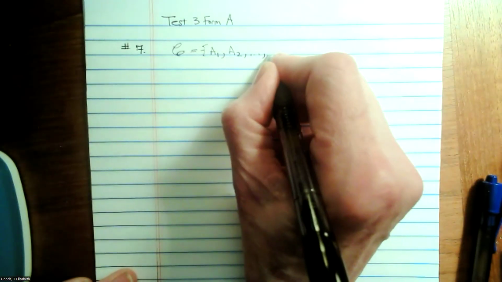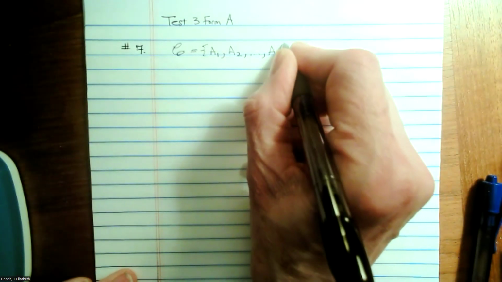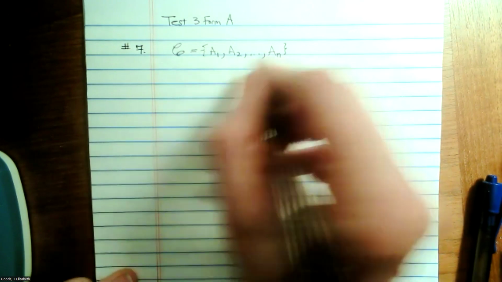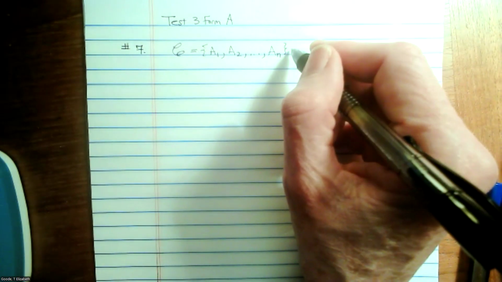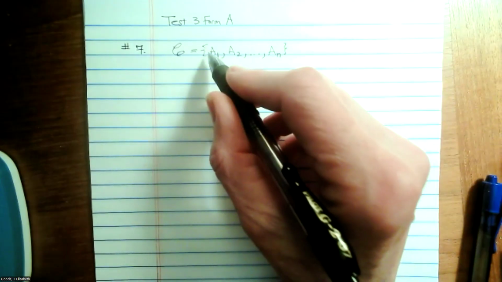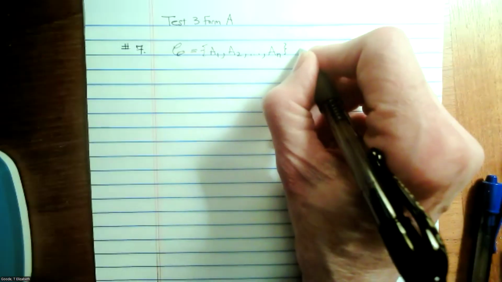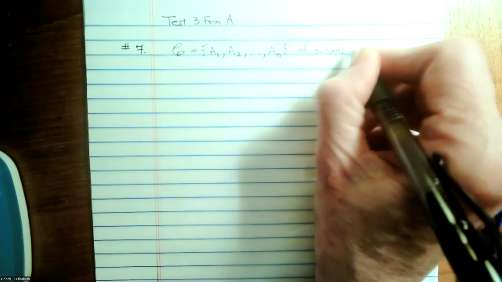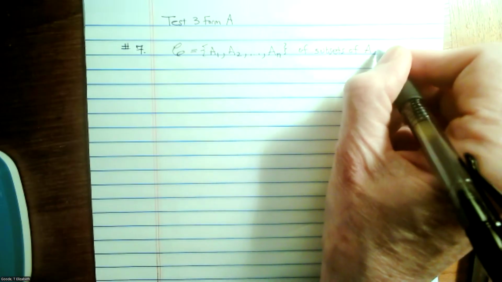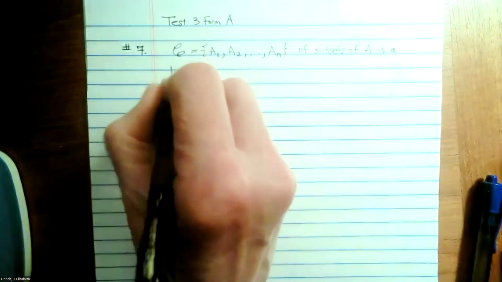So I just decided to start the indexing at 1, even though we applied it starting with 0. But anyway, a collection C equals the set containing A1, A2, up to A sub n of subsets of A is a partition of A.